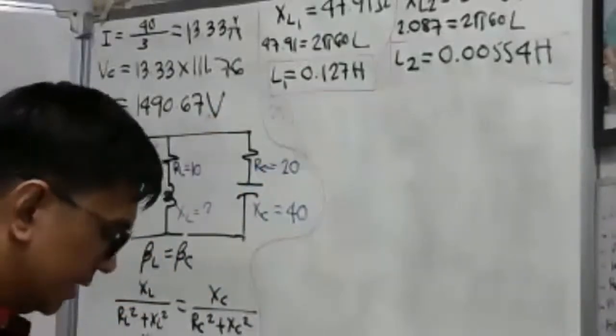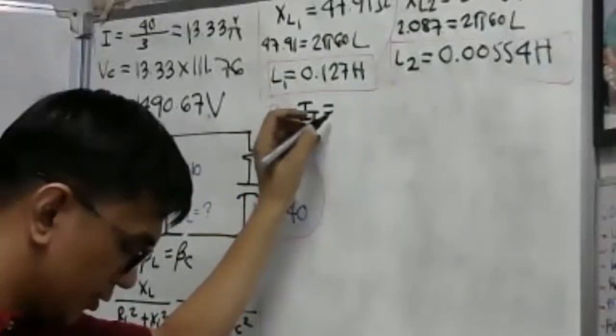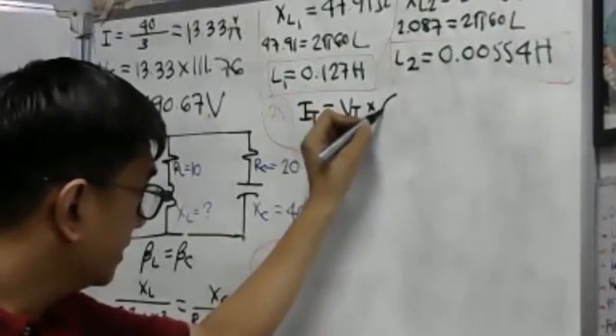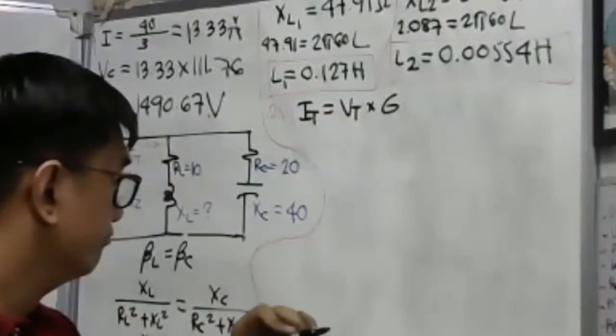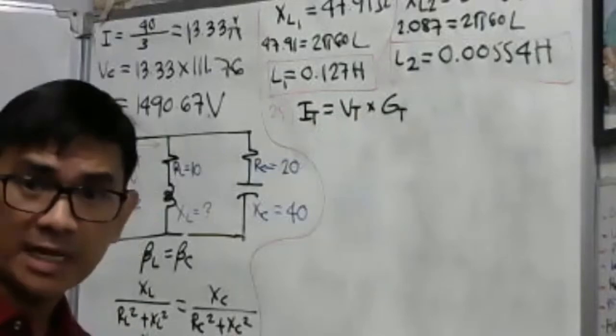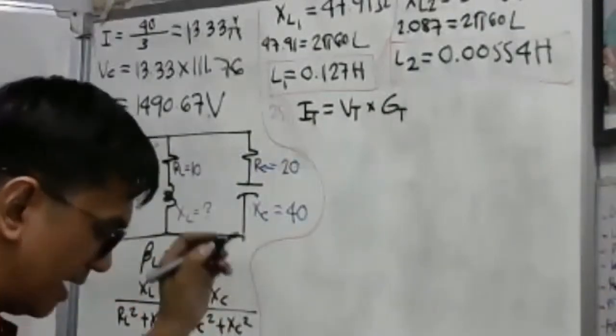The formula will be, the total current is equal to the total voltage multiplied by the total conductance, G, at resonance frequency only. Sa resonance lang yun.